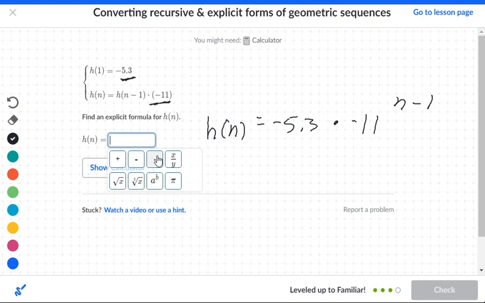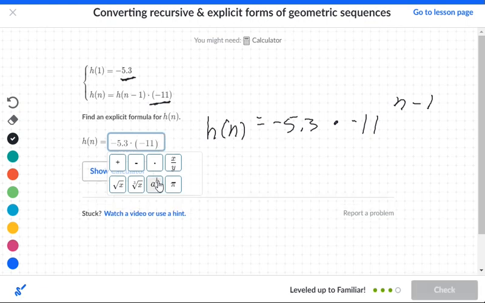So we're going to say negative 5.3 times. Now again, like we talked about before, we want to use parentheses for the second number, what the rule number is. In this case here, the negative 11. We want to come out of this. We want to press the AB key to make the exponents, and again we want to use parentheses for that.